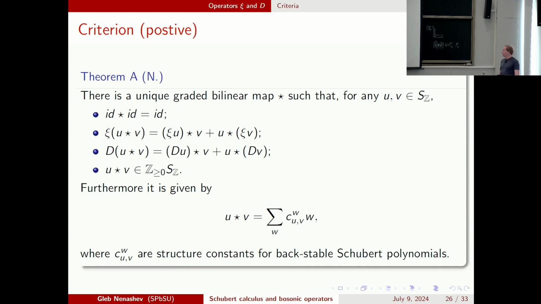The case Schubert times Schur is still open, and usually every year or every second year someone announces that it's solved, but later people find a mistake. The last time this happened was in 2023, so in the last year.